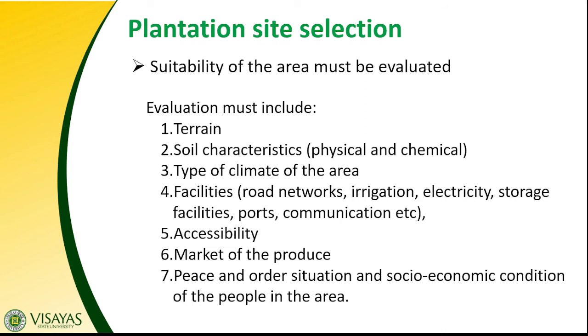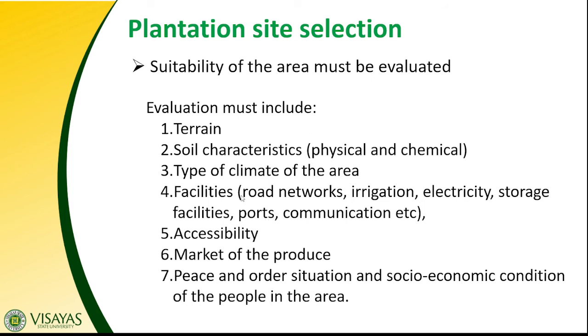And then the soil characteristics, which refers to the physical and chemical characteristics of the soil, because surely this will affect the health of the crops later via the availability of nutrients. And then the type of climate of the area, whether it's favorable to the growth of the crops.